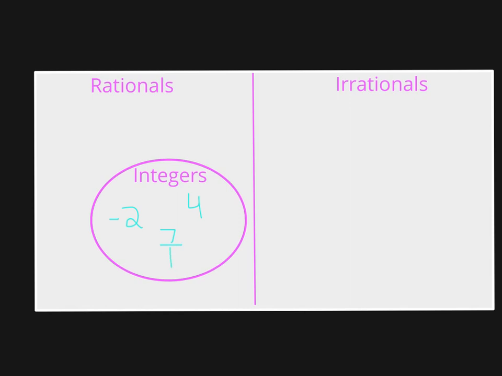All of these integers can be written as fractions. That's why they're rational. Now some rational numbers that are not integers: 1/2, 0.3 repeating, 0.54. So fractions, repeating decimals, terminating decimals, whole numbers.